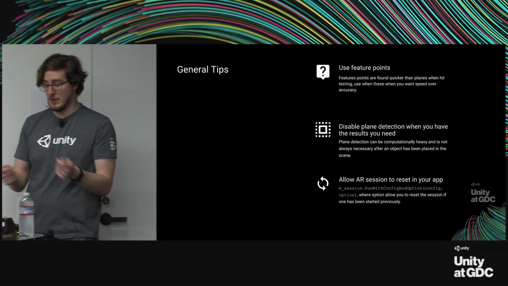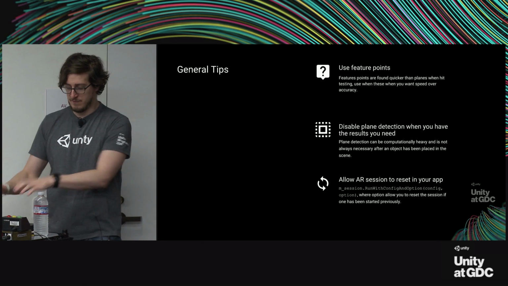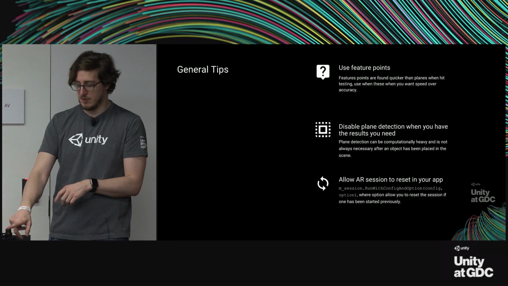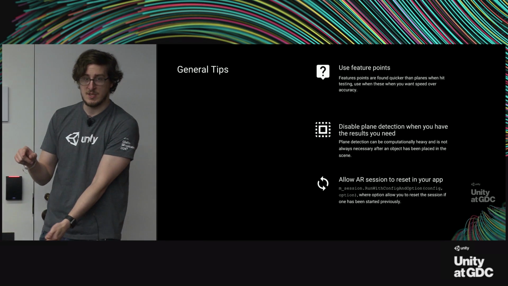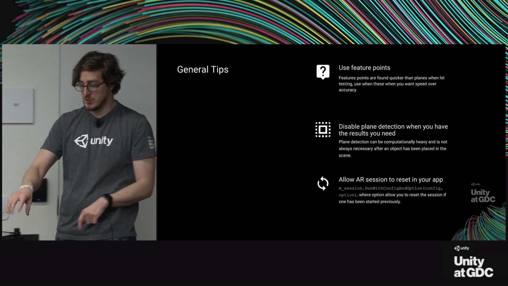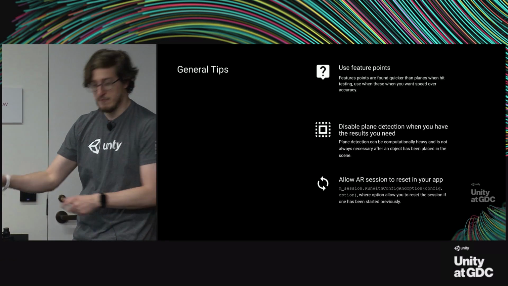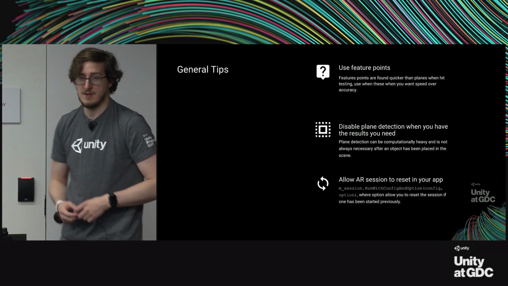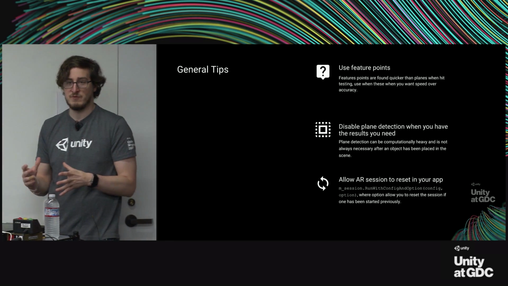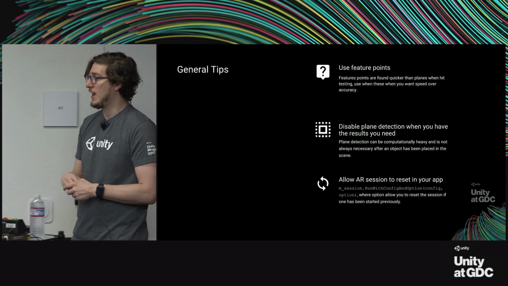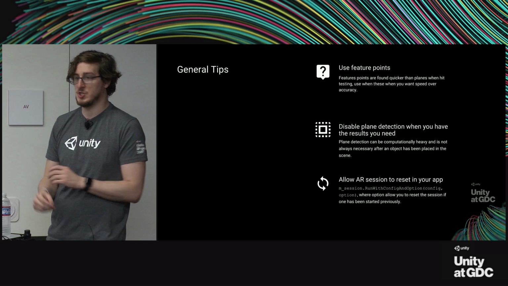It wouldn't be impossible, but it would take a long time to find a plane on top here, cast a little anchor here or something, then find a plane on the ground and measure that distance. If I'm using feature points, I can just find something that's interesting here, say, hey, here's the start of it, go down to the bottom, and then say, hey, there's the end. So instead of waiting for planes, you can just cast against feature points, and that's how you can quickly get objects in the world, and those do have a position in the world.